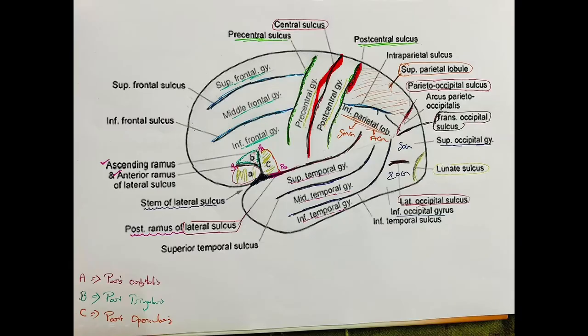Behind the central sulcus you have the postcentral sulcus, and between them you have the postcentral gyrus. From the postcentral sulcus I get my subsulcus called the intraparietal sulcus, which differentiates the superior parietal lobule and the inferior parietal lobule.